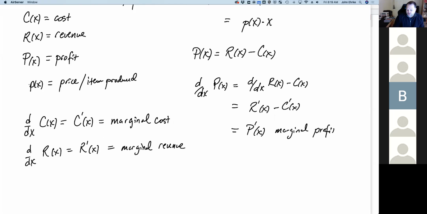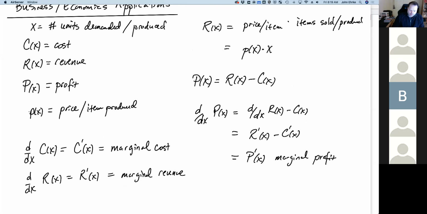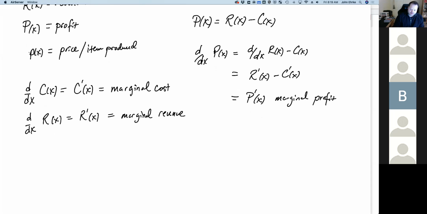So these are different terms associated with some business applications that we're going to take a look at. There's one more value that I need you to be aware of, and that is if you divide any of these terms by the production level. So say, for instance, that we had cost and we divided by the number of items produced. So if this is the total cost for producing X items and we divide by those X items, then it turns out to be the average cost per item produced.